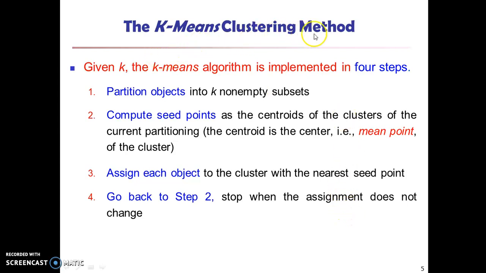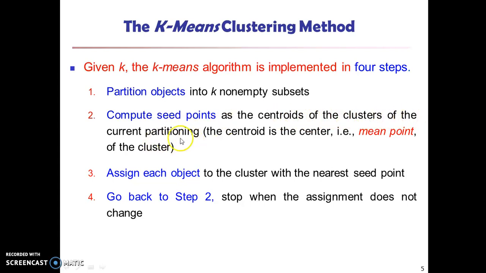Now, the K-means clustering method is nothing but a partition algorithm. It can be implemented in 4 steps. The first step, partition objects. Here, the objects can be partitioned into K non-empty subsets. This is the first step. And second step, compute seed points as the centroid of the clusters of the current partitioning.